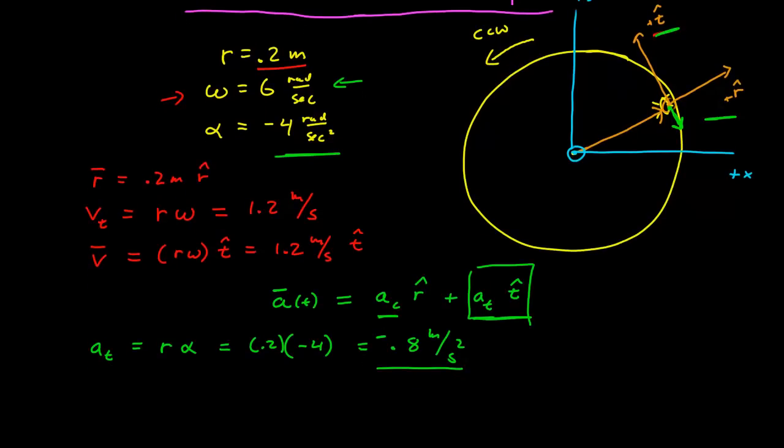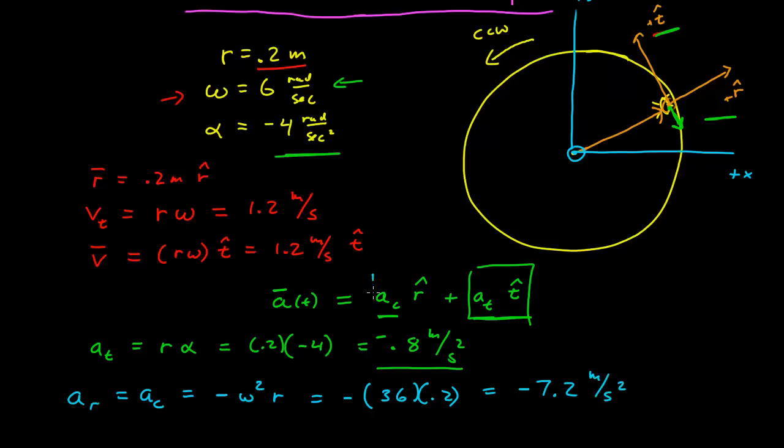All right. So now let's look for the centripetal or radial acceleration. You can call it the radial or the centripetal acceleration. And that component is negative omega squared times r, as we found before. So negative omega squared is 36, times r, 0.2, and that gives us negative 7.2 meters per second squared.